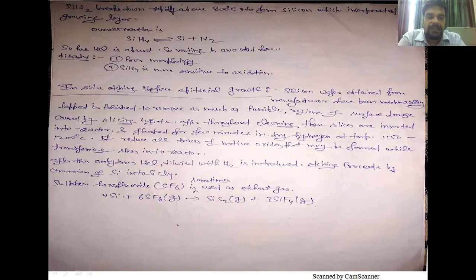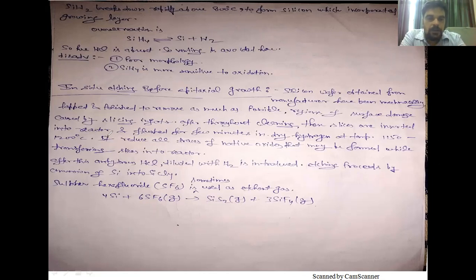This reduces all traces of oxides that may be formed while transferring slices or wafers into the reactor. When you are placing slices into the reactor, at that time oxides can precipitate onto the substrate. So for that purpose, in situ etching is done.